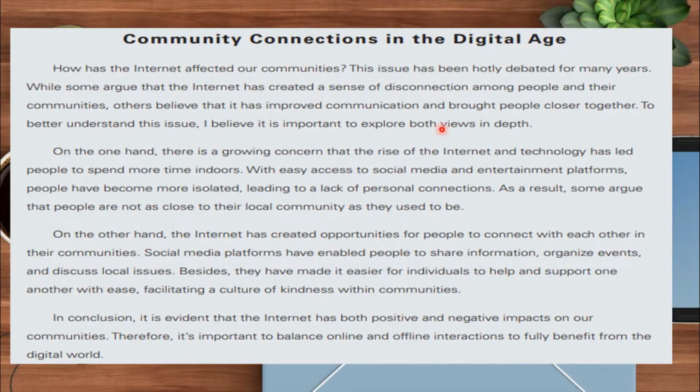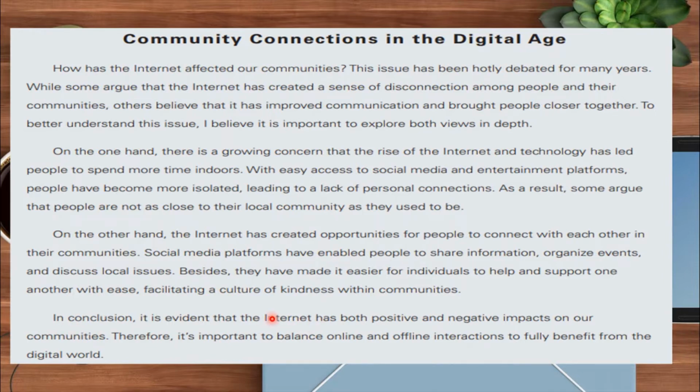Then at the end of the first part, the introduction, you have to explain or clarify the two points of view in depth or in details. Then the essay here starts by the negative points, after that the positive points. It's up to you.